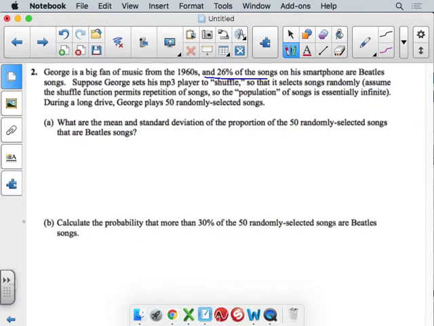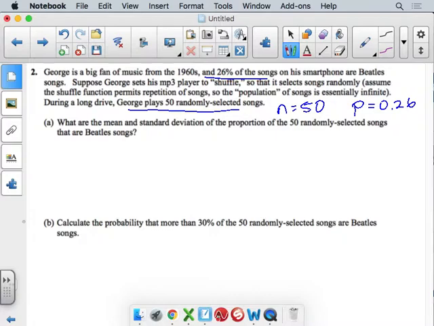Anyways, George sets his MP3 player to shuffle, or his Spotify or Apple Music, and he's going to play on his drive a sample of 50 songs. So that's how long his drive lasts. And then his population on his Apple Nano, whatever, is 26%.